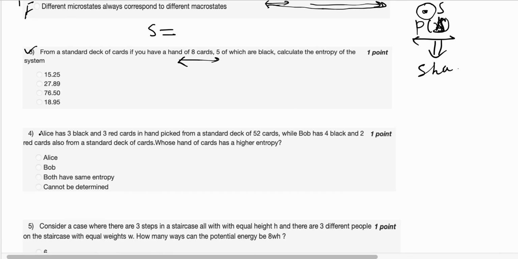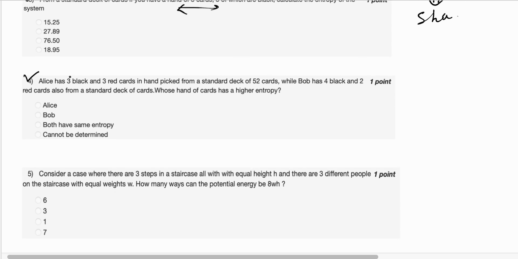Okay, so now we'll calculate the entropy. Alice has 3 black and 3 red cards in hand from a standard deck of 52 cards, and Bob has 4 black and 2 red cards. Okay, that means it's 6 and 6.